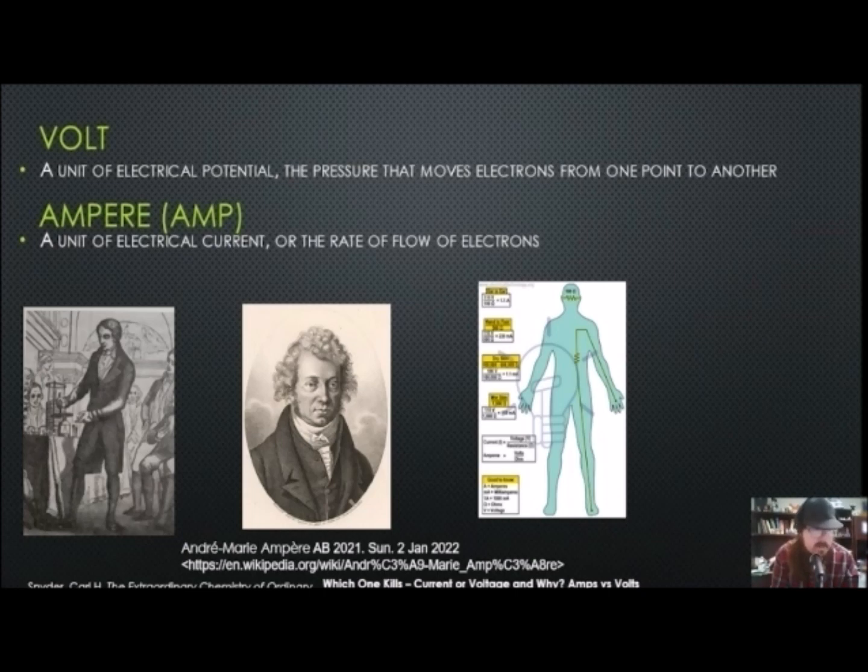For example, a battery typically has very low voltage, but it can have a high rate of amperage, and so most batteries don't hurt you. But a static shock actually has incredibly high voltage, but it's not applied for a very long period of time. So static shock is less likely to do damage.